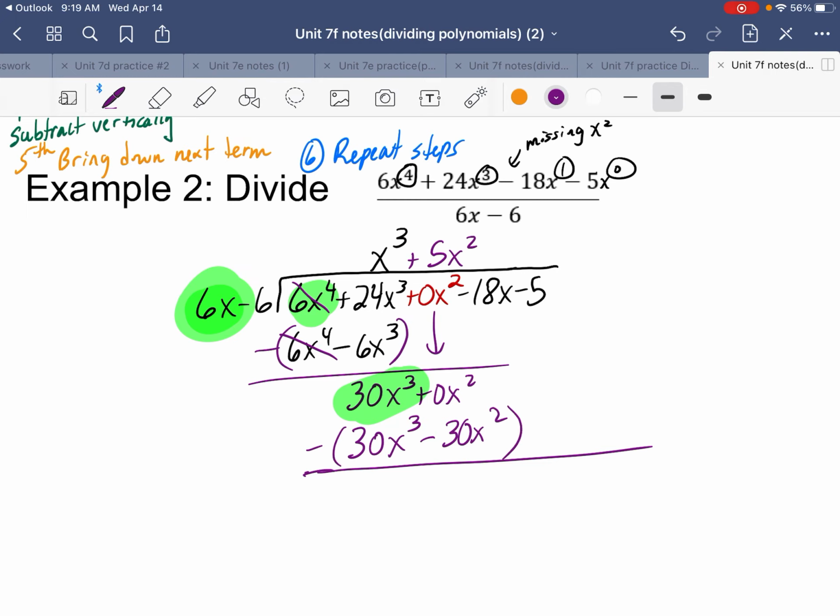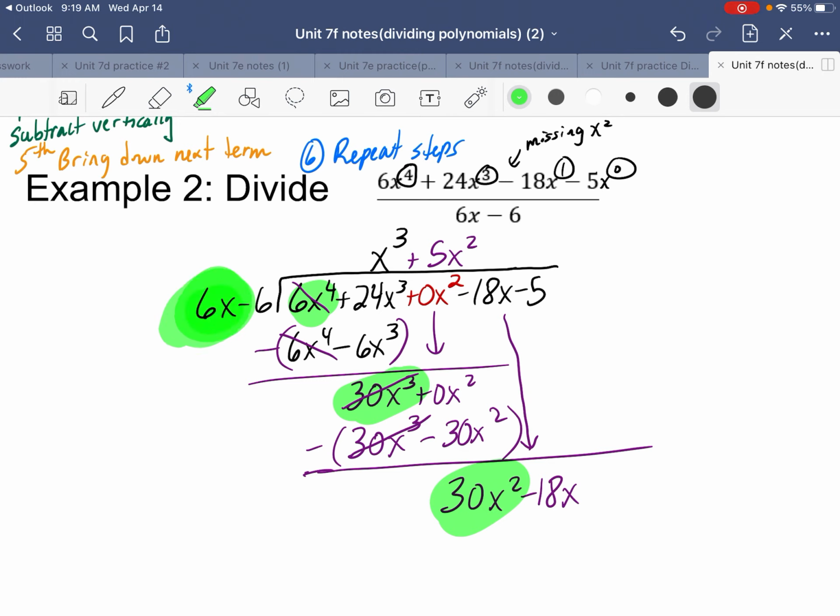Subtract these. 30x cubed minus 30x cubed simplify. 0 minus 0x squared minus a negative, so that's plus 30x squared. Bring down our next term and repeat the process again.